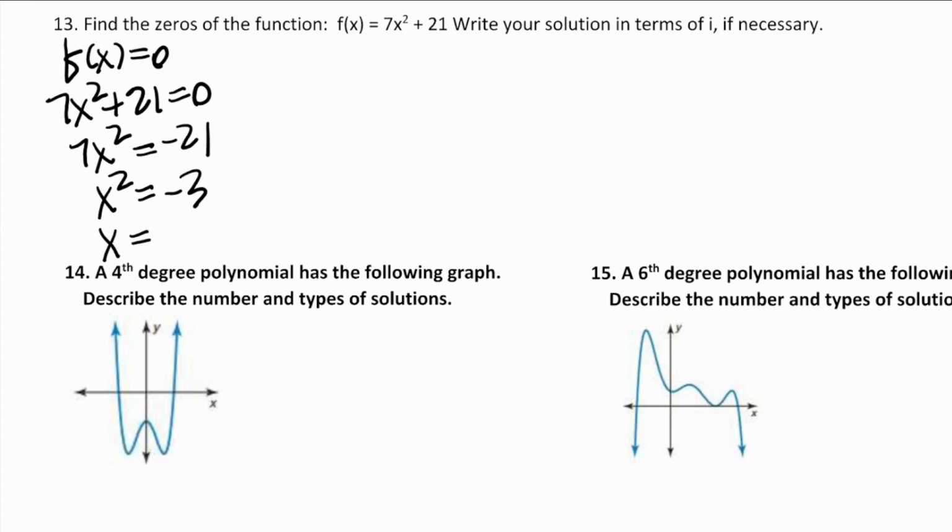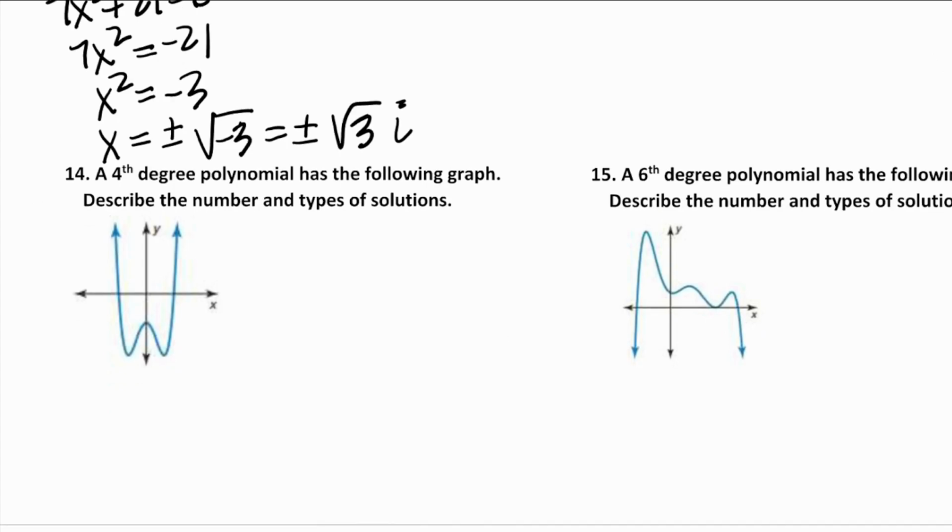I'm going to take the square root of both sides of that equation. So I need to remember the plus minus, square root of negative 3. So that's going to be the square root of 3 times the square root of negative 1, which we're calling i, and so that's going to be my solutions. Okay. Quadratic equation, quadratic polynomial, 2 zeros, feeling good.